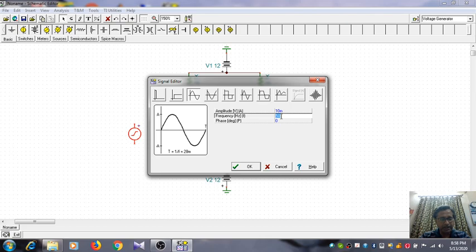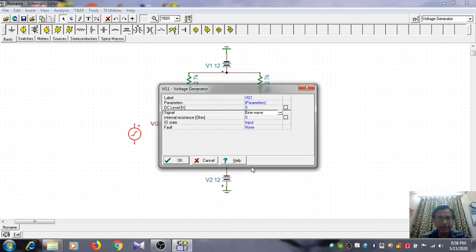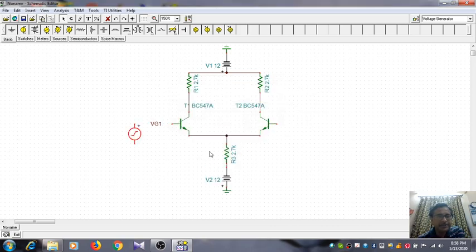In the audio range, let us put it to be 1 kilohertz or 1000 hertz. So that's about the sine wave generator. Let us connect it by means of a wire with the base of transistor T1. That's what we are going to do next. The other end of the signal generator we can connect to the ground.